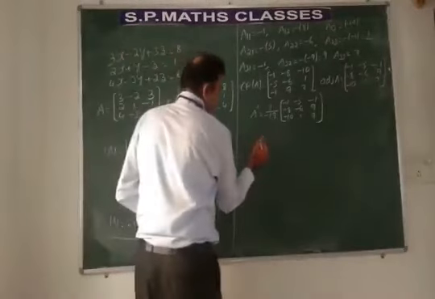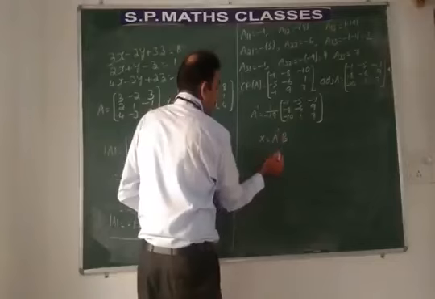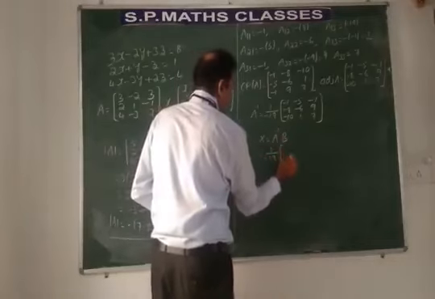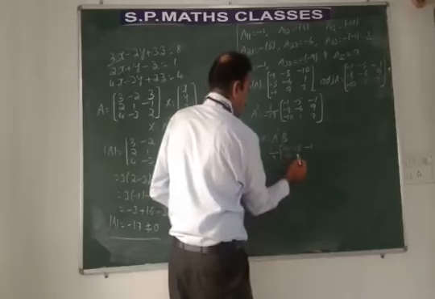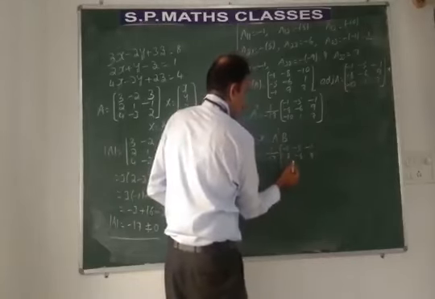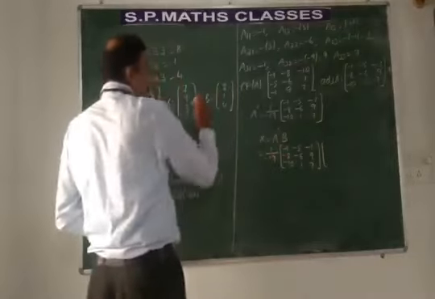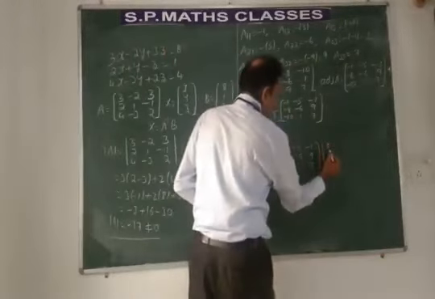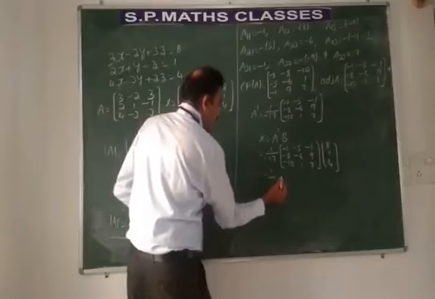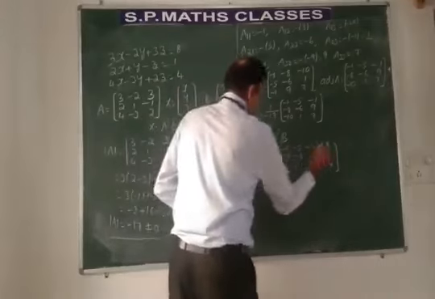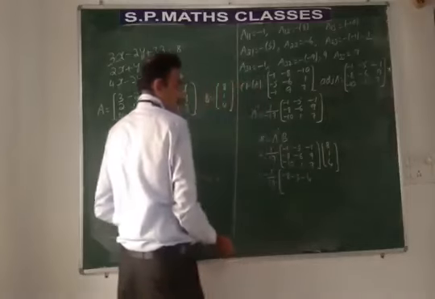You want finally X equals A inverse into B. What is B there? B is the matrix of constants, 8, 1, 4. Now you multiply, matrix multiplication.